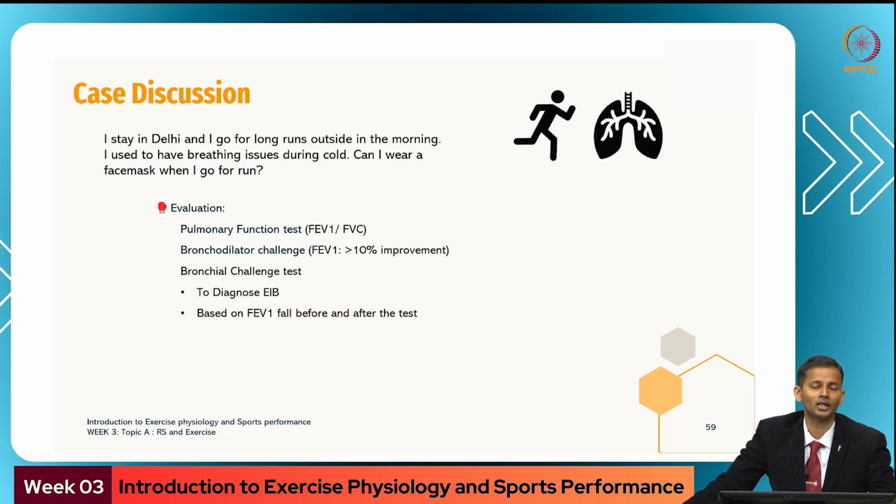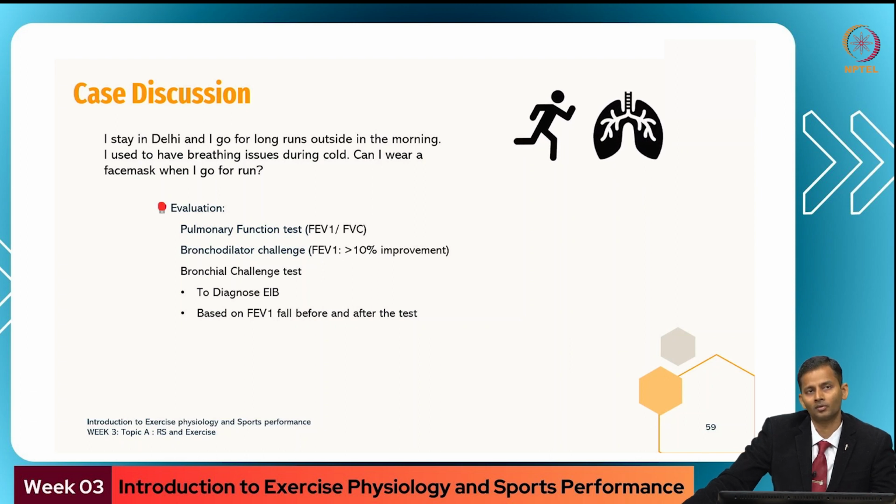So that will give us an idea of the condition of the dynamic lung volumes of this individual, and the main parameter that we would use is the FEV1 by FVC ratio, which will help us classify this individual as having a normal value, an obstructive disease or a restrictive disease.